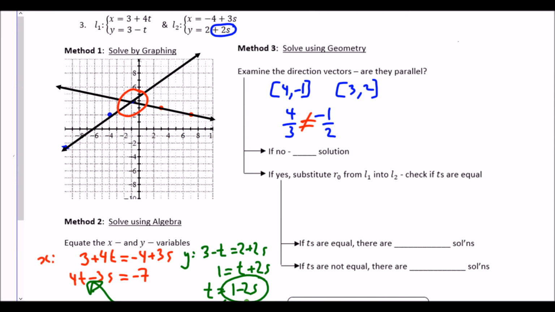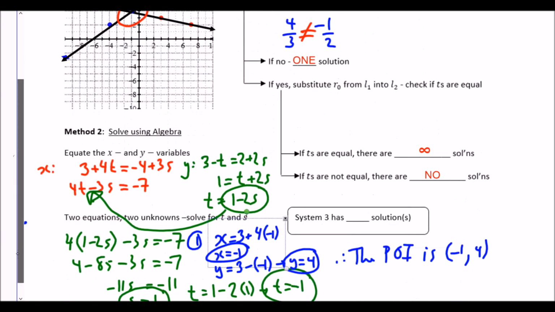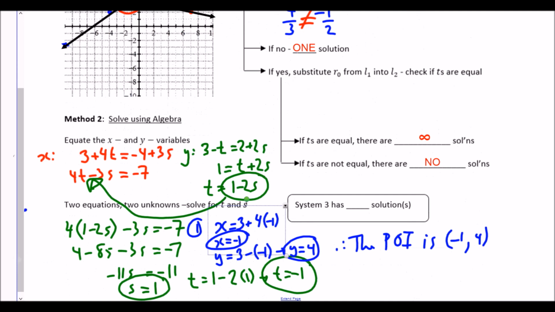If no, there's one solution, which my solution is right here. If yes, substitute R naught from L1 into L2, and check if the t's are equal, which I did in the second example. If they are equal, infinite solutions, and if they're not equal, there's no solutions. But I don't have to do that because I can see that there is only one solution, negative 1, 4. So here, system 1 has one solution.